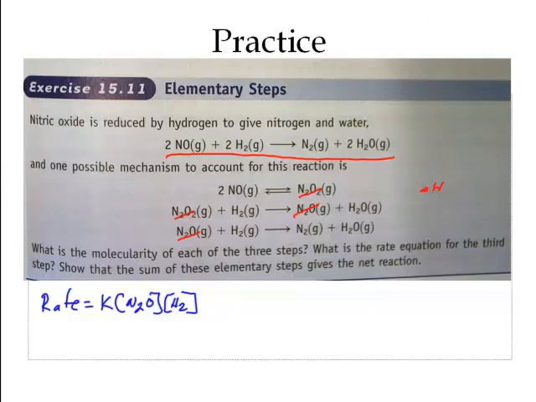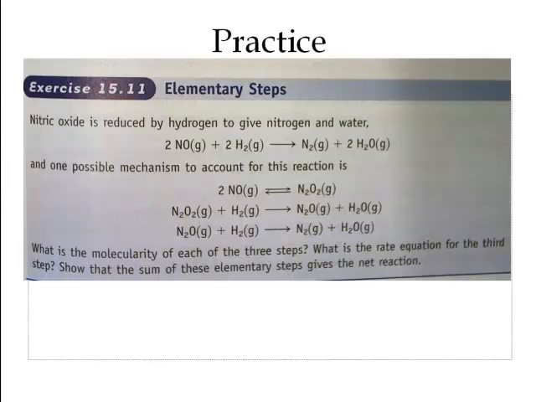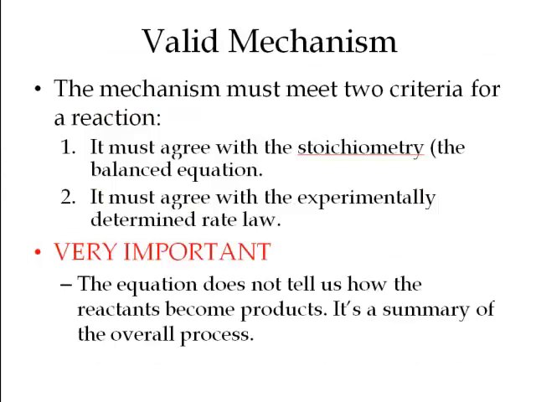So what we want to look at next is the kind of questions that we get on an AP test where they are asking you, what's a valid mechanism based on these elementary steps. And so there's a few things that we've got to be aware of. The first fact is that if you get a reaction mechanism like the one we just looked at, the balanced equation has to agree.